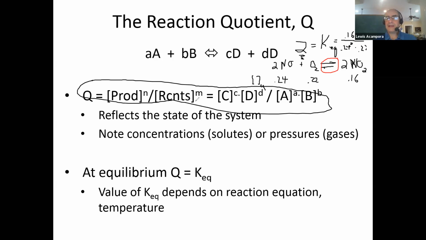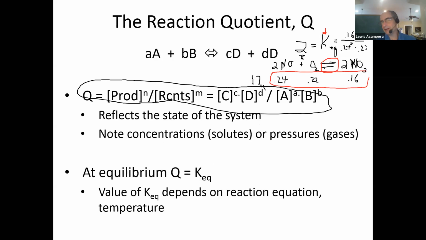So, you should be able to look at a reaction and if you know the equilibrium concentrations, plug them into the expression for the equilibrium constant and get a value. Conversely, if you're given a value and some set of concentrations, you should be able to solve for the other one. Generally, I might have arbitrary concentrations.